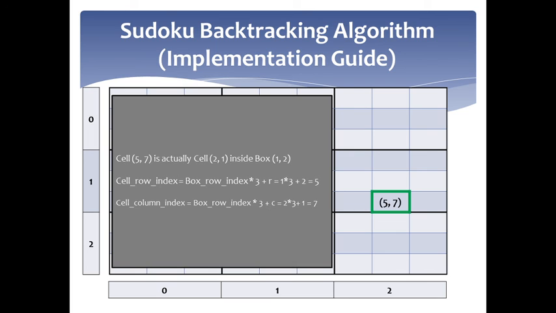Then, we do the same for the column with box column index of 2 multiplied by 3 and then add the C of 1, which is the cell 2, 1 column index, and from there we get the cell column index of 7, which is the index in reference to the 9 by 9 Sudoku board.